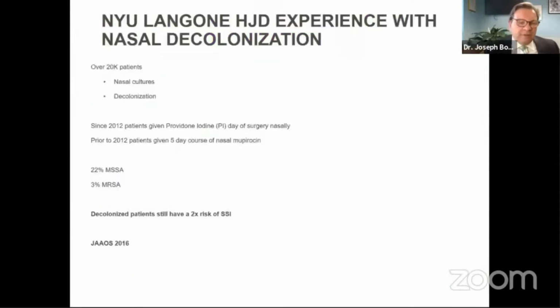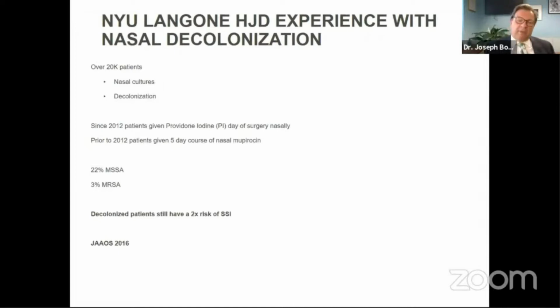We have over 20,000 patients, and we found that overall our positivity rate for MSSA, sensitive staph, is about 22%, and for MRSA it's about 3%. And when we looked at 20,000 patients, we published in the Journal of the American Academy of Orthopaedic Surgeons in 2016, we found that even when patients are decolonized, they still have a greater risk of infection than if they never were colonized at all.